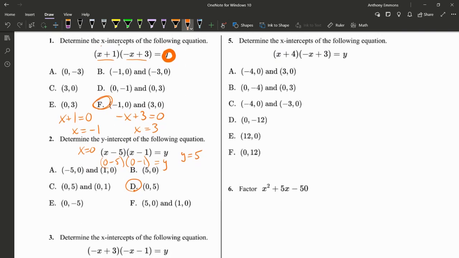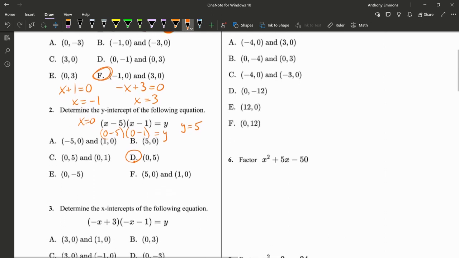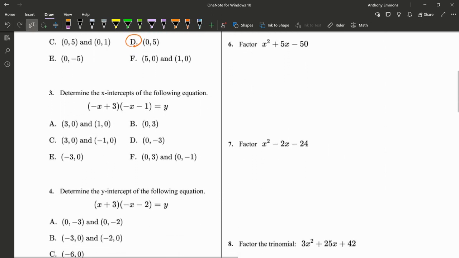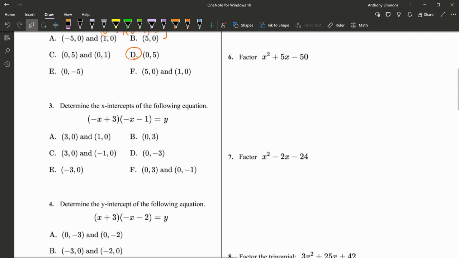So x-intercept, change the y to 0. Y-intercept, change x to 0. That is pretty universal. That is something we've spoken about in class when we did linear functions. So here we go. Back to x-intercepts. Okay, y equals 0. And we'll use the zero product property, where we say the opposite of x plus 3 is equal to 0, and the opposite of x minus 1 is equal to 0.